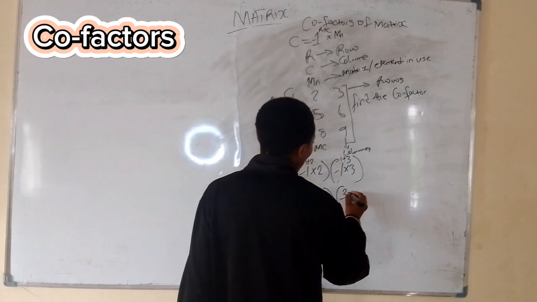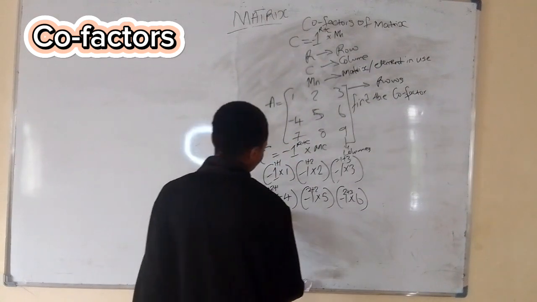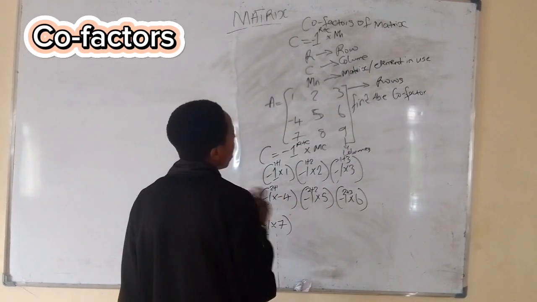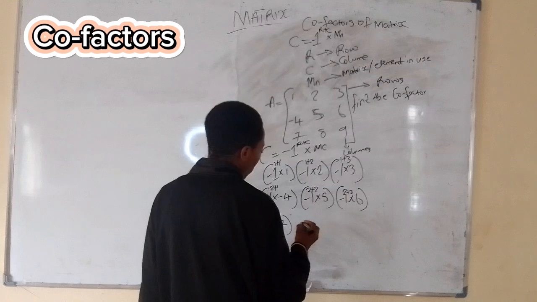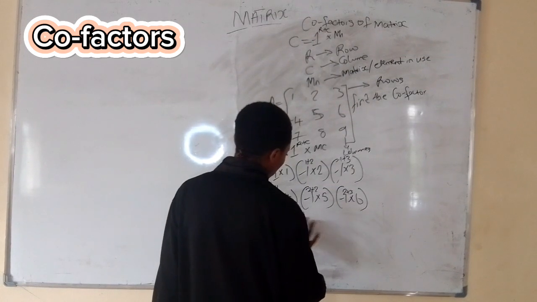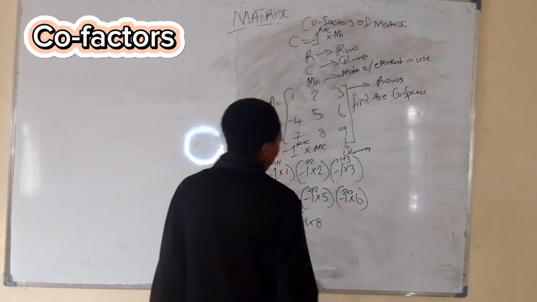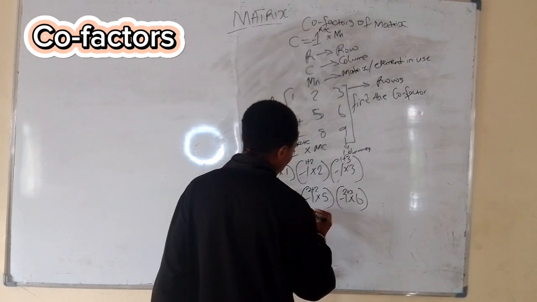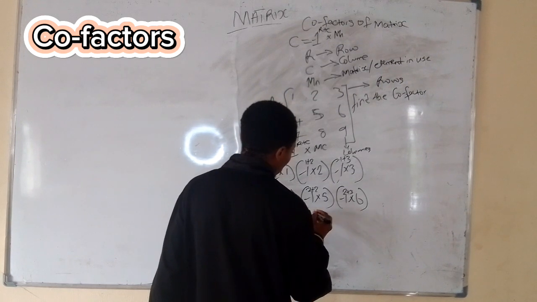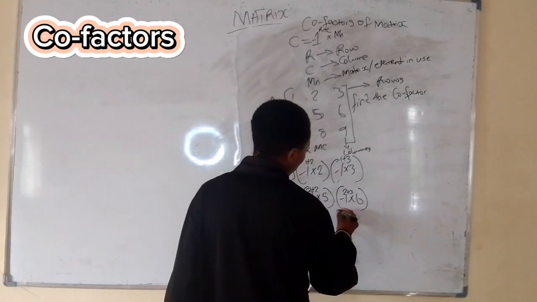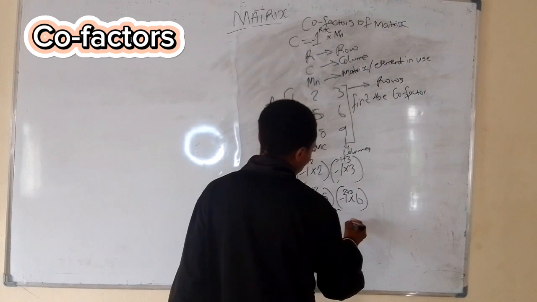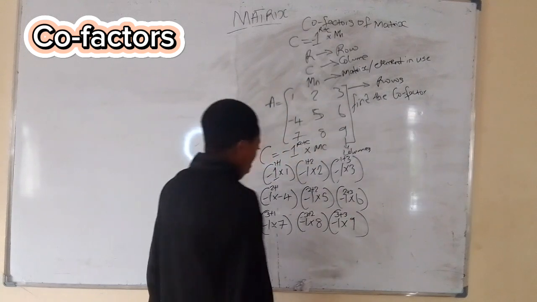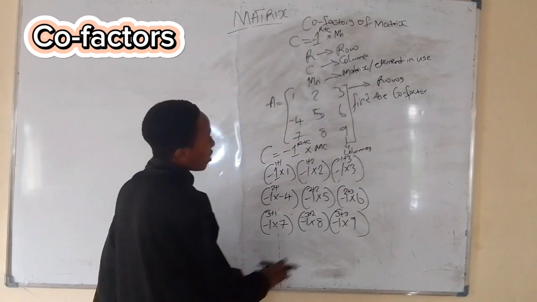Row 2, column 3. 7 is on row 3, column 1, so 3 plus 1. 8 is on row 3, column 2, so 3 plus 2. 9 is on row 3, column 3. So now we add the power of 1. Let me clean up so you can see better.